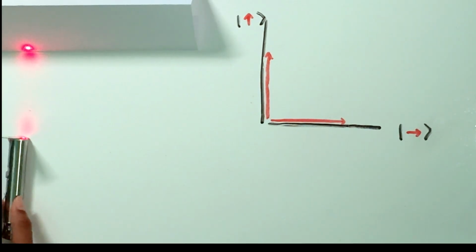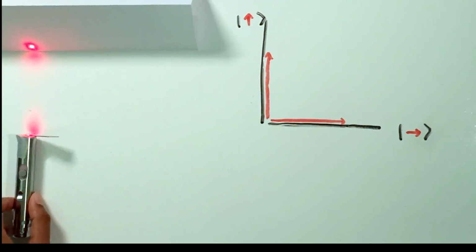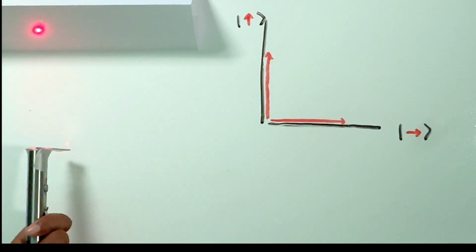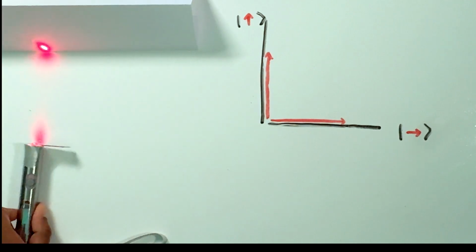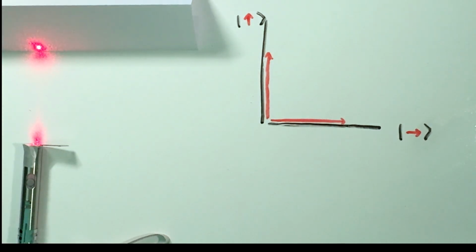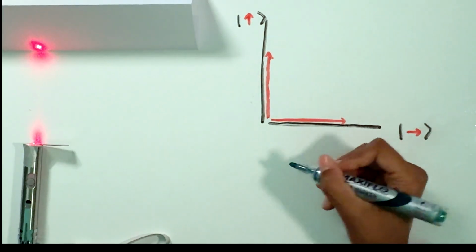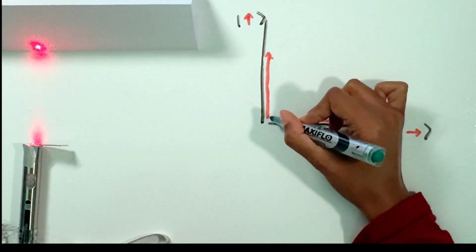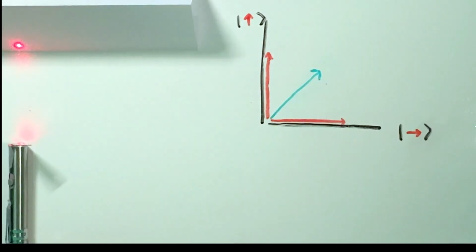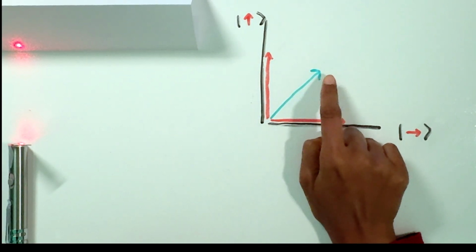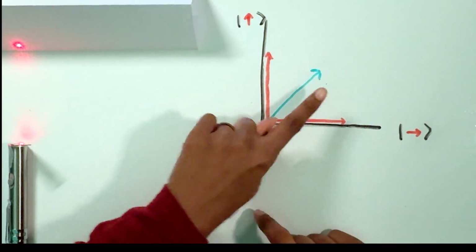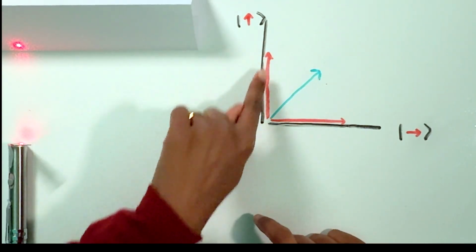But of course, there's light in every possible direction, right? I can turn this around in every way. And so we want to be able to represent all of those types of light. So of course, any one of those can be represented by an arrow as well. So for example, if I have 45-degree light, I can represent it like this. And I've just made sure that these vectors are about the same length.